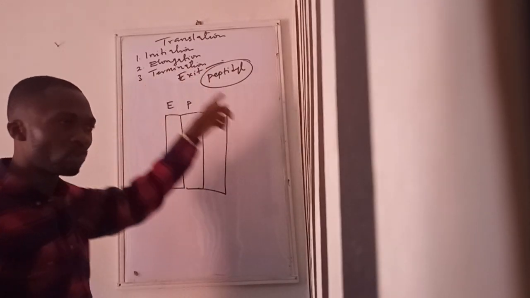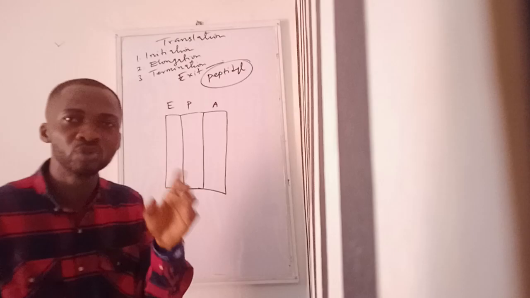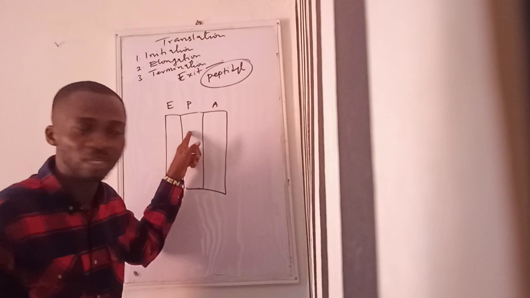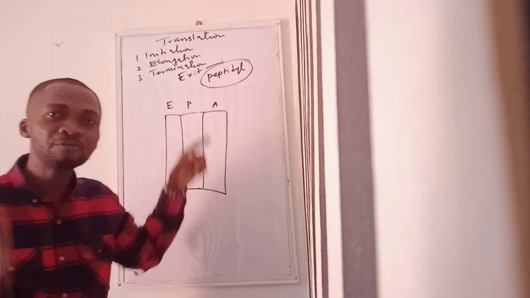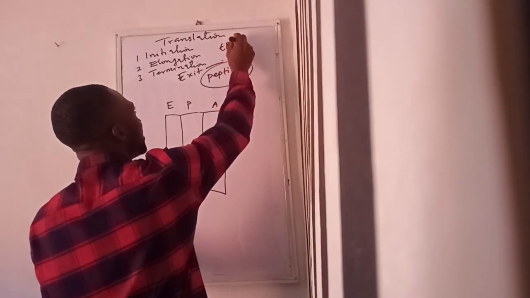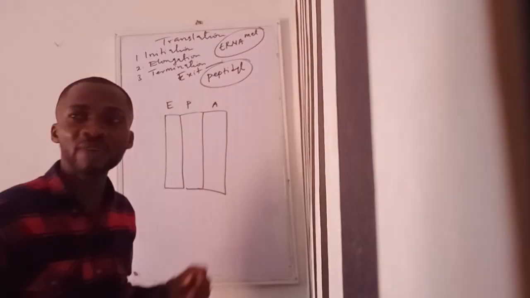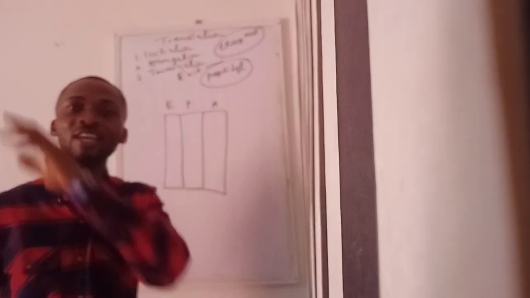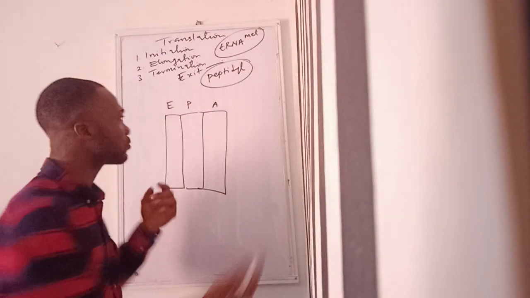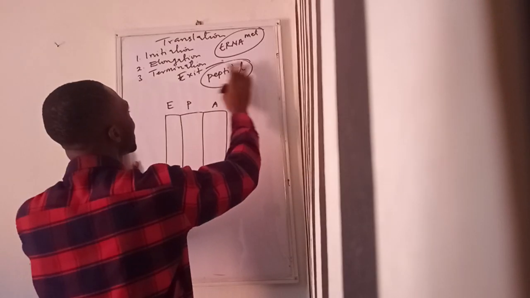Then this one means peptidyl. It is important you note that it is only the transfer RNA carrying methionine that goes through this peptidyl. Apart from the transfer RNA carrying methionine, which is transfer RNA met, every other transfer RNA that picks every other amino acid will have to pass through the A, and that A is amino acid site.